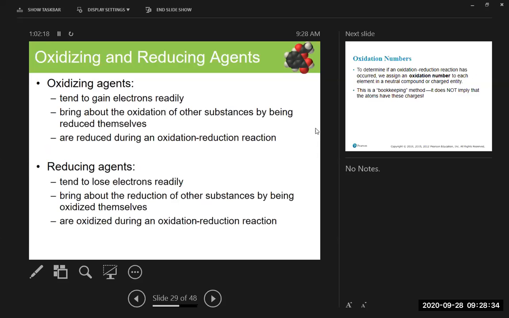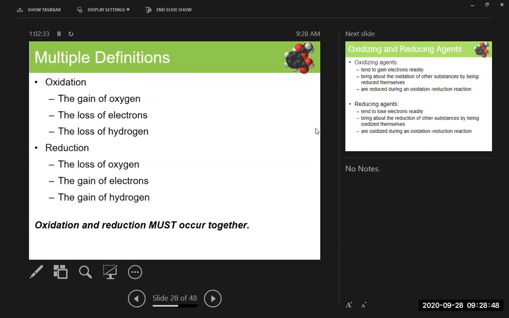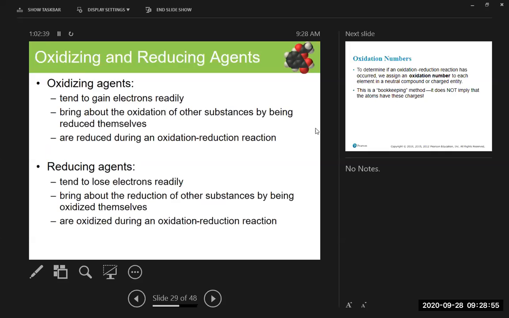So if that wasn't confusing enough, we talk about oxidizing and reducing agents. Oxidizing agents gain electrons easily. Well, if you recall, we just said oxidation loses electrons. Oxidizing agents gain electrons, so don't get confused by that.